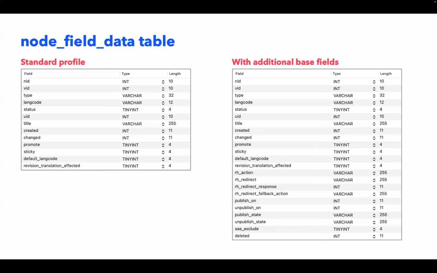And there are these base fields that we saw earlier, NID, VID, type, etc. But on the right-hand side, I've installed all of those modules that we were looking at on the previous page, Rabbit Hole, Scheduler, etc. And you can see all of those additional base fields have been added. So when a base field gets added, it is modifying your database, adding a table to store the data that it needs to keep track of. For example, when a piece of content should be published or unpublished in the case of the scheduler module, etc.